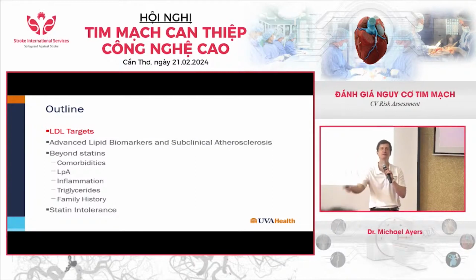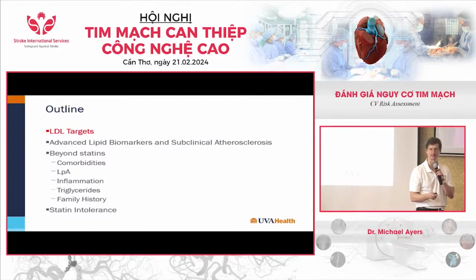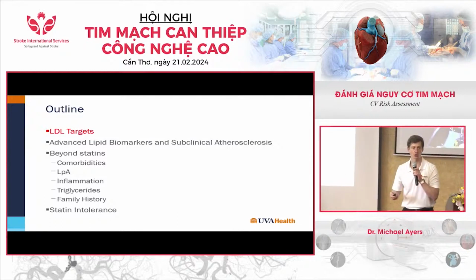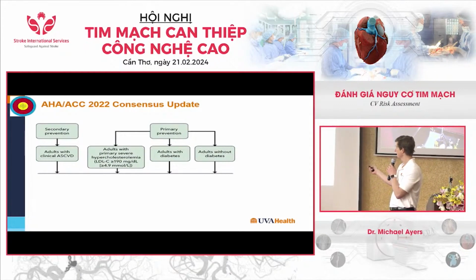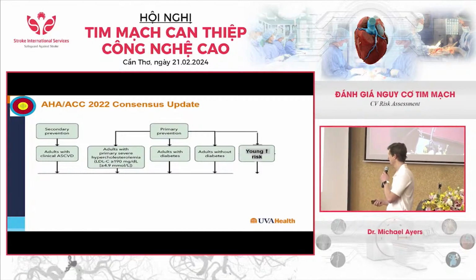They got rid of the concept of targets, of how low should I lower my cholesterol. Here is the 2022 consensus update, which I really like, because it's reintroduced the concept of don't just start a statin, but start a statin and figure out how low you need to drive the cholesterol for that given patient.